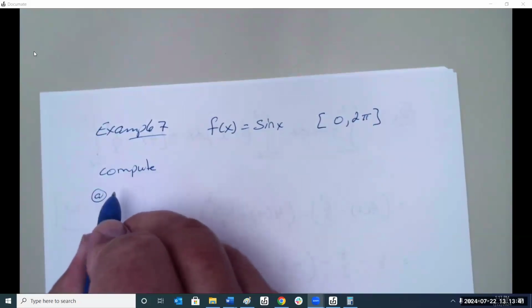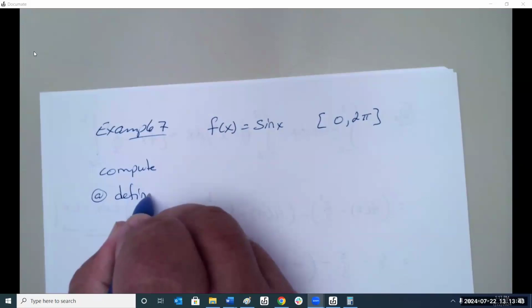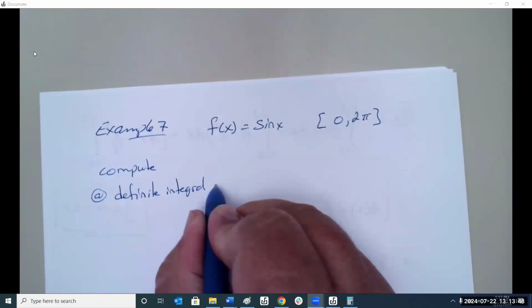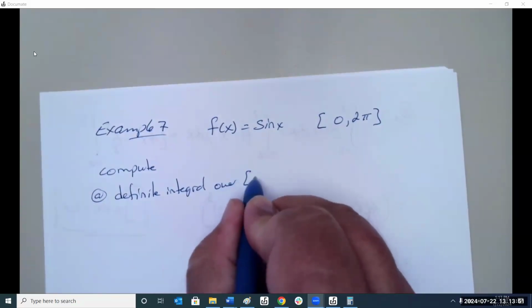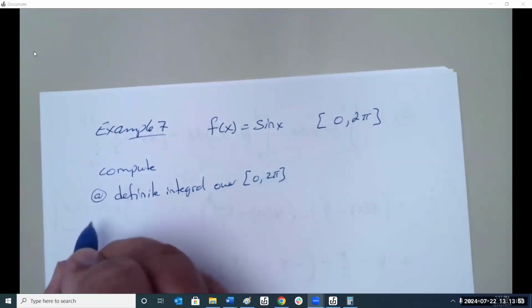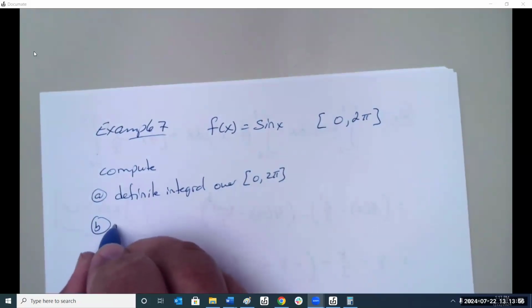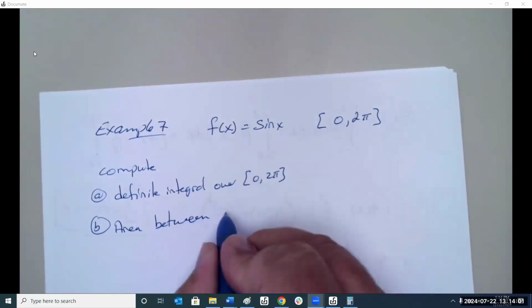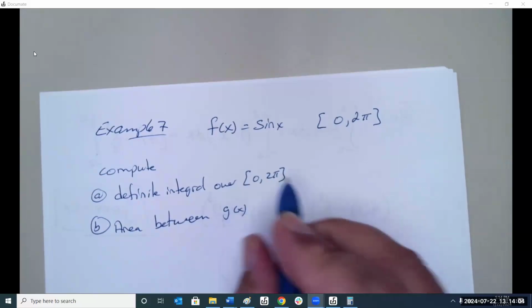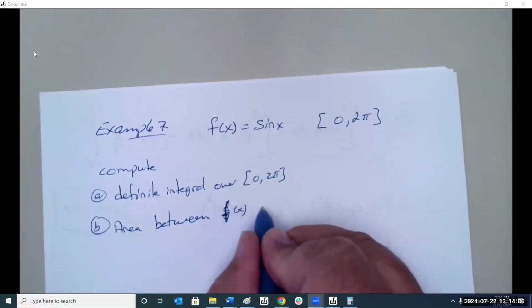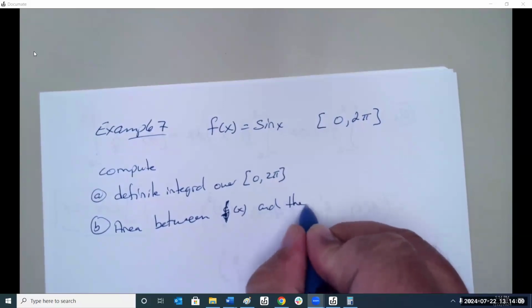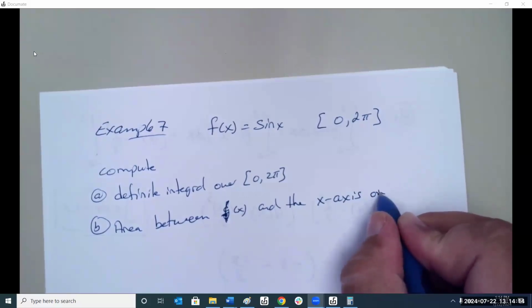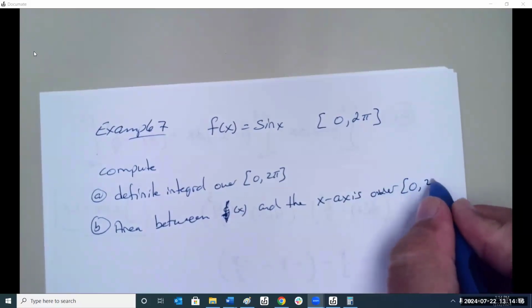Compute A, the definite integral over 0 to 2 pi, and the area between f of x and the x-axis over 0 to 2 pi.